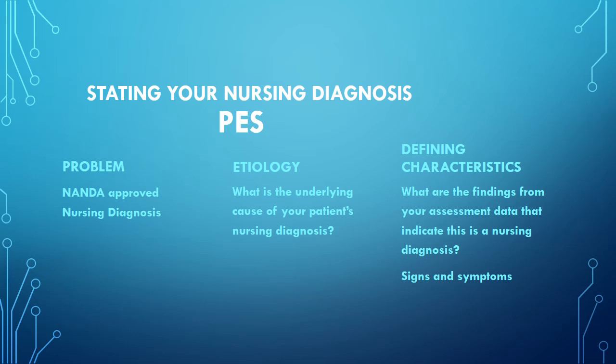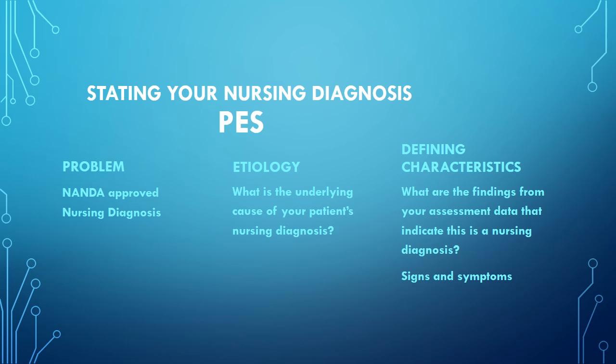I do want to say, however, that etiology sometimes can be unknown, and it is okay for you to have your NANDA approved diagnosis followed by etiology unknown. However, if there is an etiology, you should be identifying it.